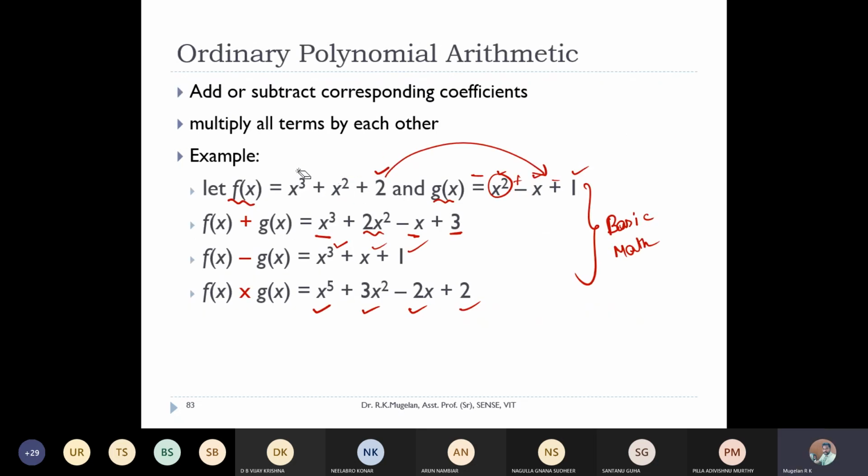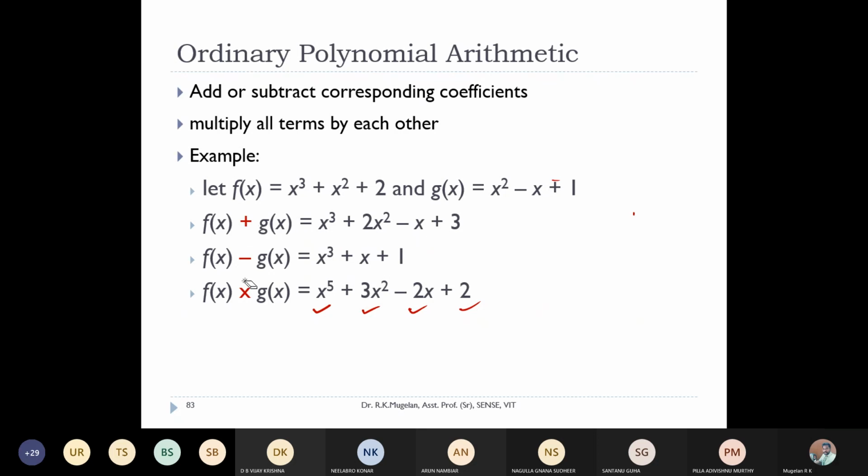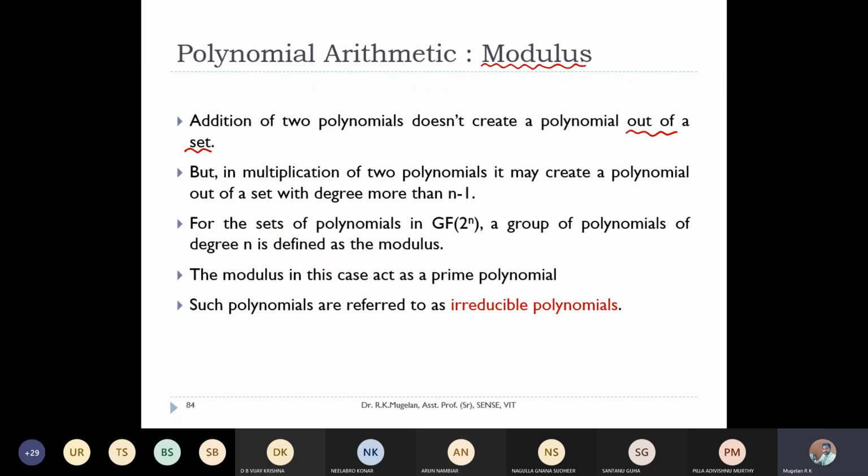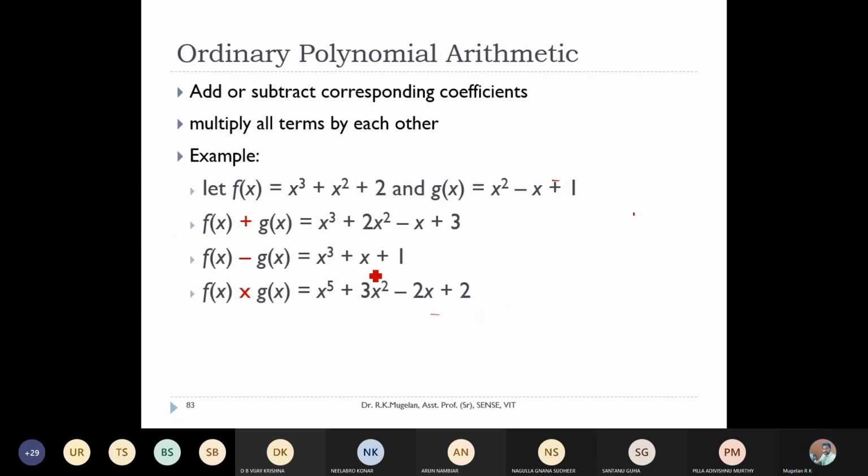If you take these two polynomials, I'm going to add these two. The highest degree among these two is x power 3.